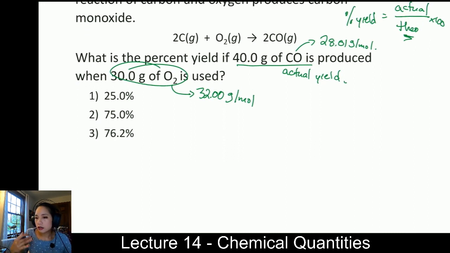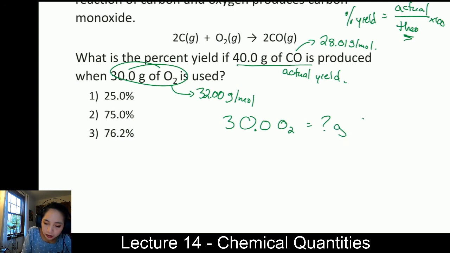Again, these are all the same skills we used previously with reaction stoichiometry. Let's figure out how many moles of CO are produced from 30 grams of oxygen.